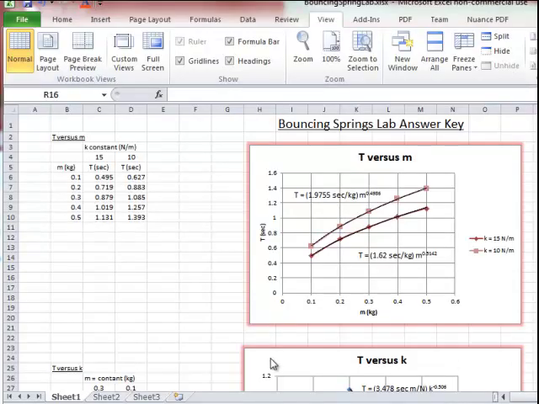Also included is an Excel spreadsheet, which gives you the data. You can see we've taken two sets of data at different periods for a given mass. The graph leads you to the relationship between the period and the mass.